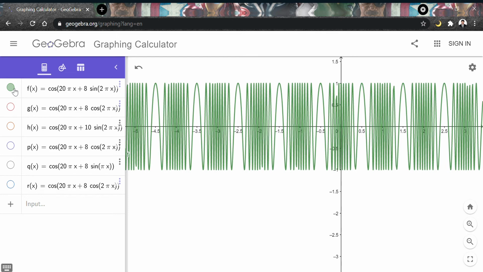In the first graph, we are keeping the Fm constant and the beta, which is the modulation index, constant.